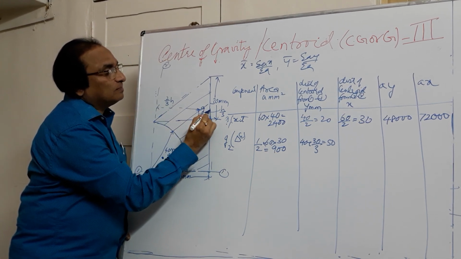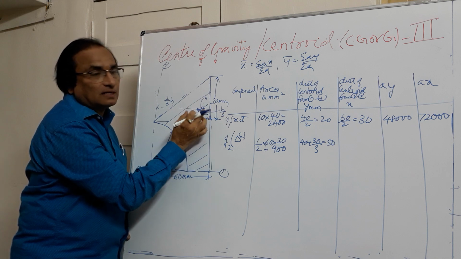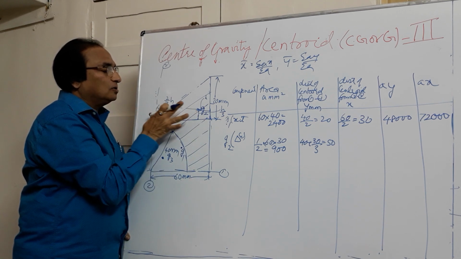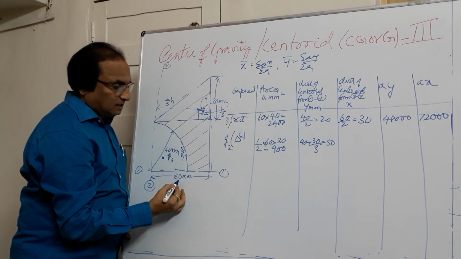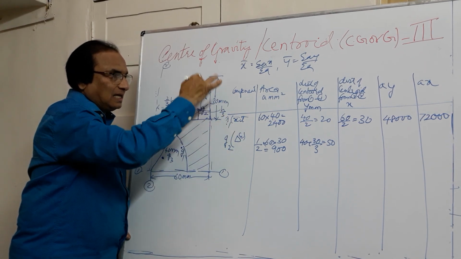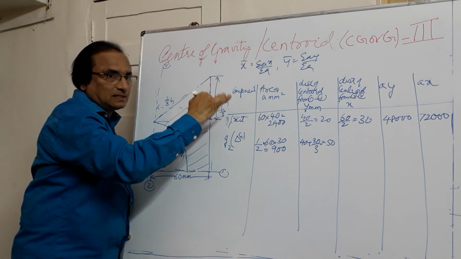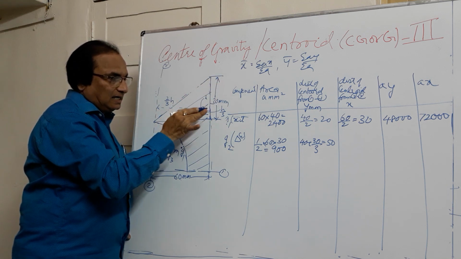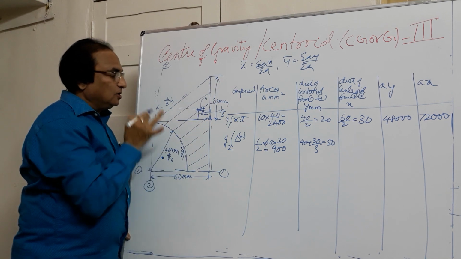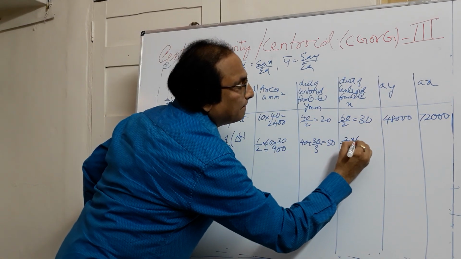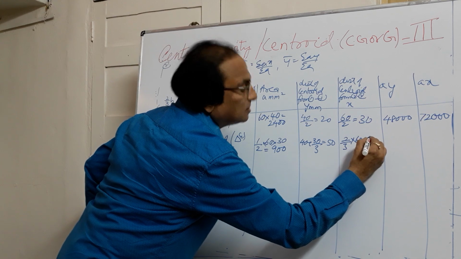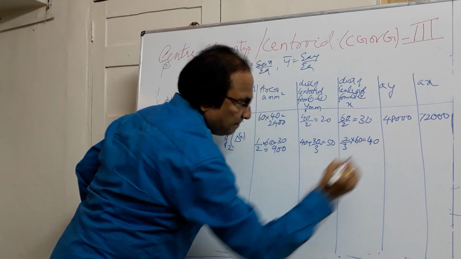If you measure from the line, this is h by 3, but I am measuring from the apex, so this should be 2/3 of the height, and the height in this direction is 60. See, when I was going like this, the height was 30 in this direction. When I am going like this, the height of the triangle will be 60. So this distance will be 2/3 of 60, which is equal to 40 mm.